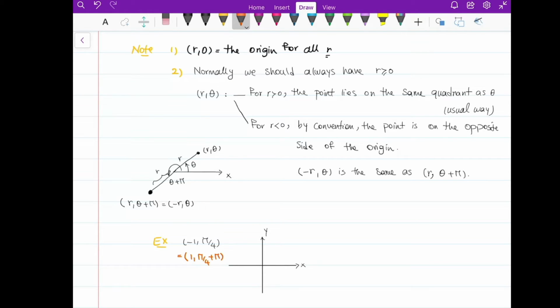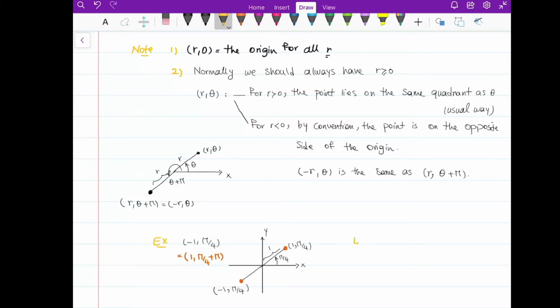So this is pi over 4, and for example, this length is 1, from here to here is 1. I'm gonna go to pi over 4 plus pi. It would be on the opposite side of the origin. You see, this point in here is 1 and pi over 4. This point in here is negative 1 and pi over 4. That's the difference between these 2 points. It's just because r is negative, and by convention, we show the point like that.